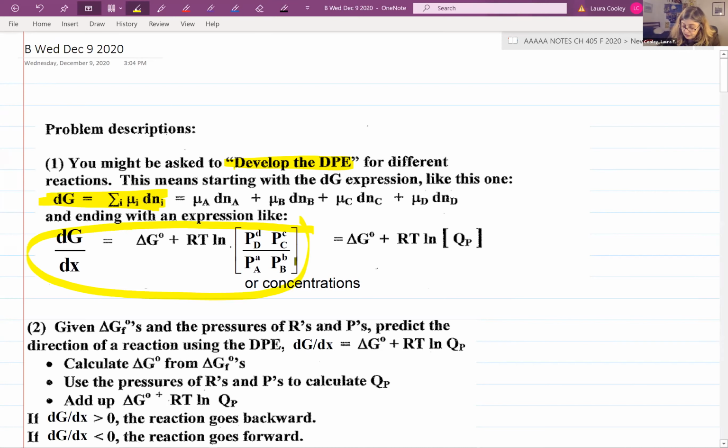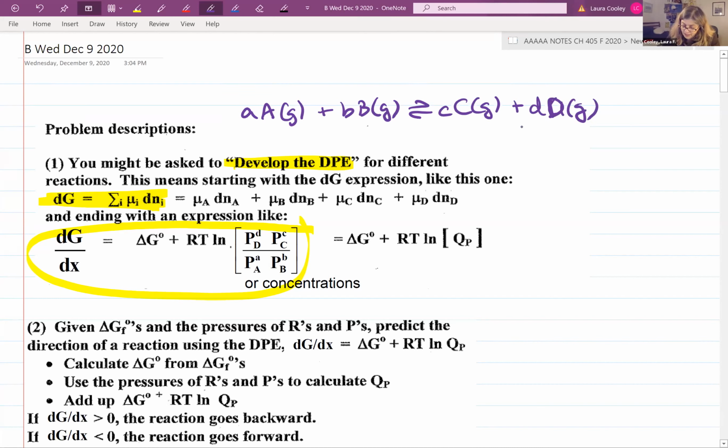Now, it's not going to look like this necessarily. This would be if you have all gas phase reactants and products. And of course, this is presuming you have the aA plus bB. Most of the reactions we deal with are not as complicated as this.